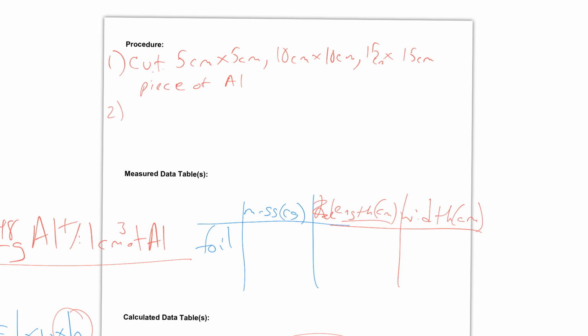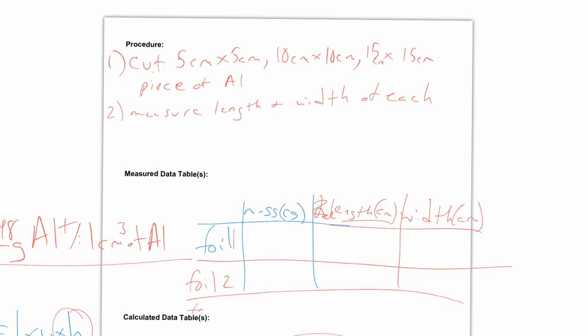We're going to measure the length and width of each. We probably have to add in foil 1, foil 2, and foil 3. And then from that, we could mass each piece.